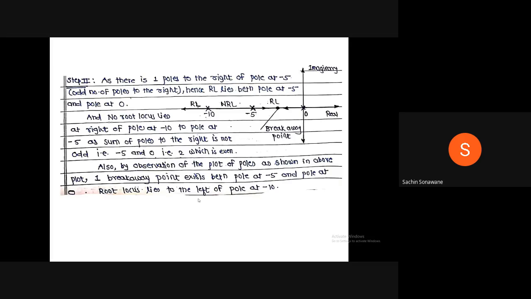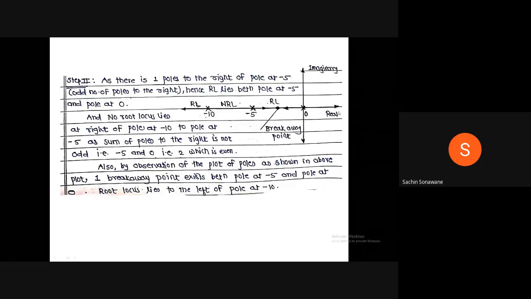Now step 2, we have to locate the number of poles and number of zeros, and find out the root locus region and no root locus region. First of all you have to draw two axes.